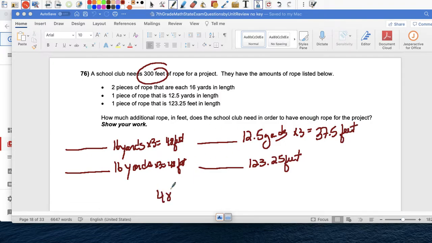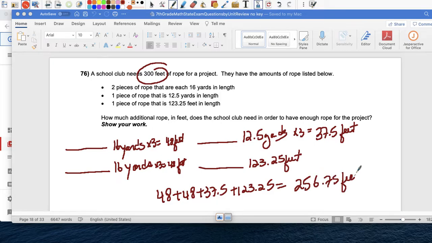So I'm going to add 48 plus 48 plus 37.5 plus 123.25 equals 256.75 feet. So that's what the school has.